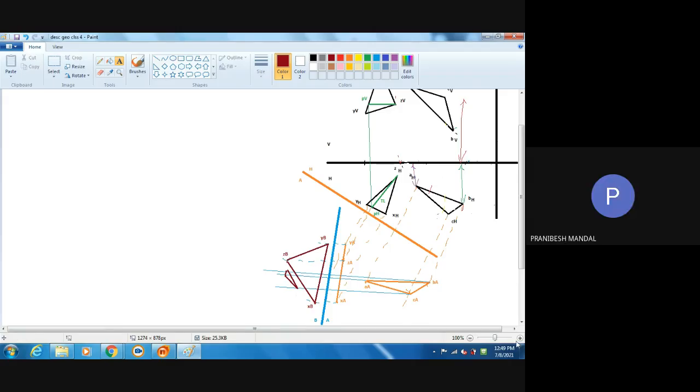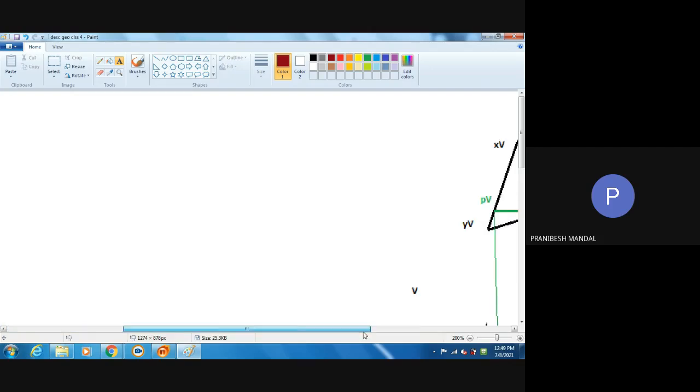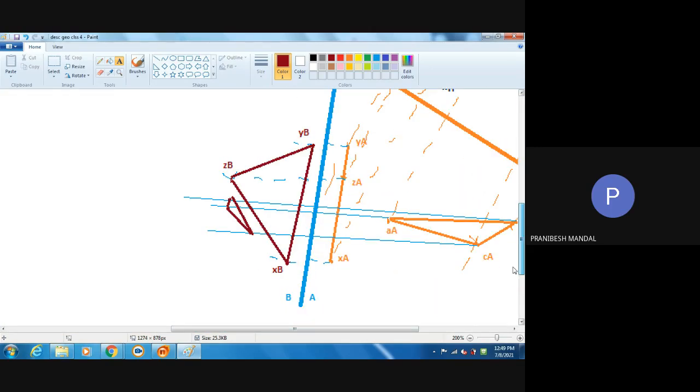I am zooming it, otherwise you cannot get it. So I am zooming it. Because as that particular triangle has come out very small, if I do not zoom it, you cannot get it. Now you get it? Yes, sir.